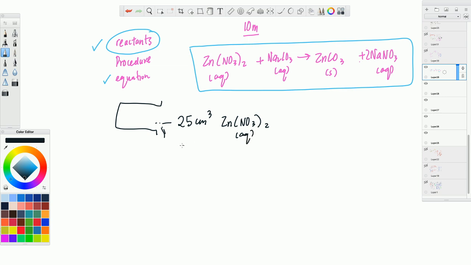Okay, and then just put in a logical concentration. Oh sorry, don't use 25, I think 25 is a bit too much. Let's just use 20.